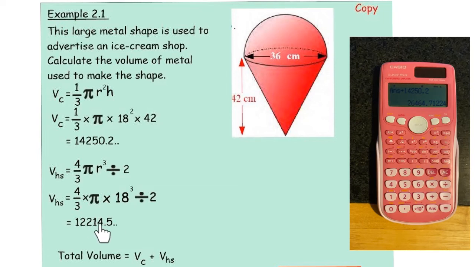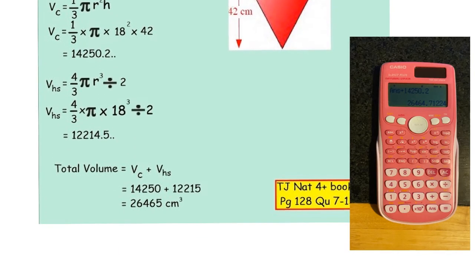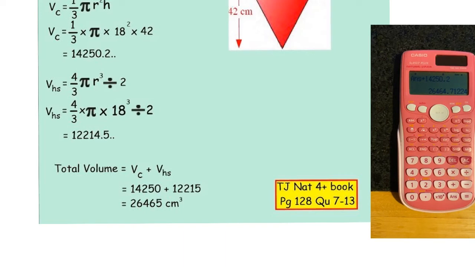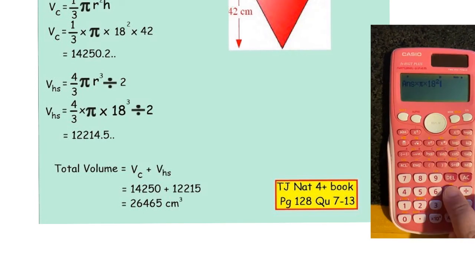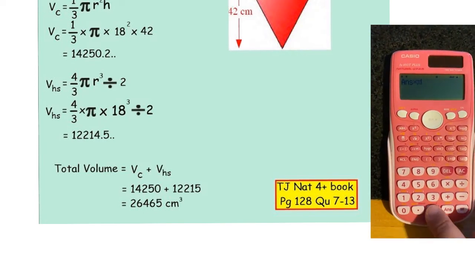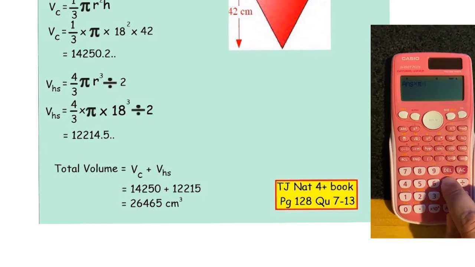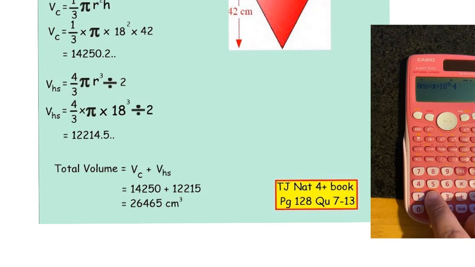So I've typed in 4/3 pi times 18 cubed divided by 2, and I worked that out for the volume of the hemisphere. And then I've added the two together. So that's me doing the sphere now. 4/3 pi times 18 cubed divided by 2.